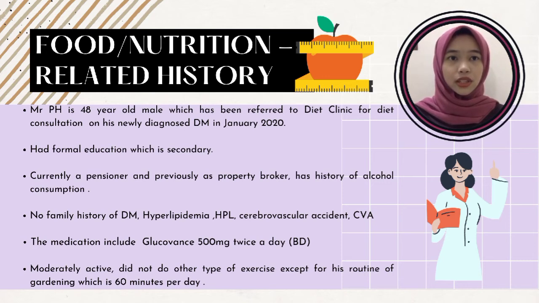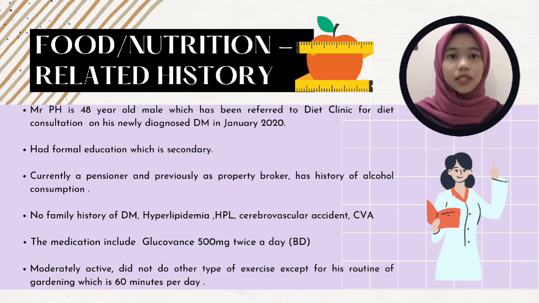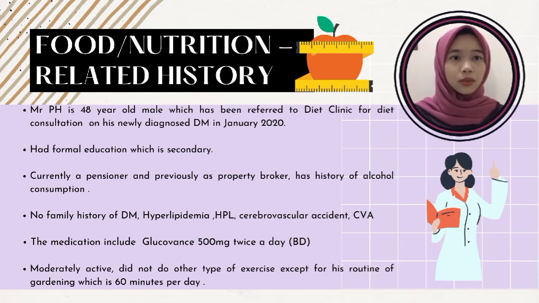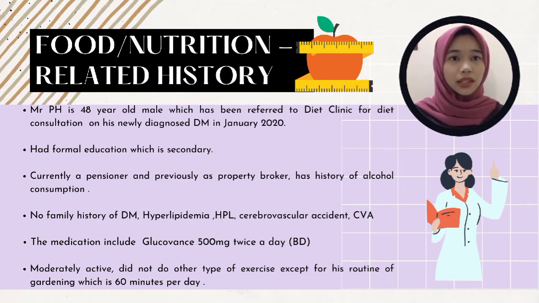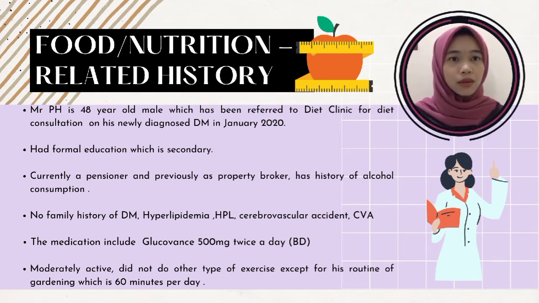Food or nutrition-related history. Mr. PH is a 48-year-old male who has been referred to the diet clinic for diet consultation on his newly diagnosed diabetes mellitus in January 2020. He had secondary formal education. He is currently a pensioner and was previously a property broker.